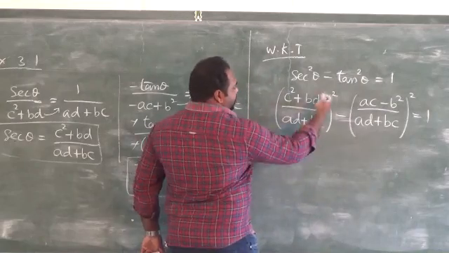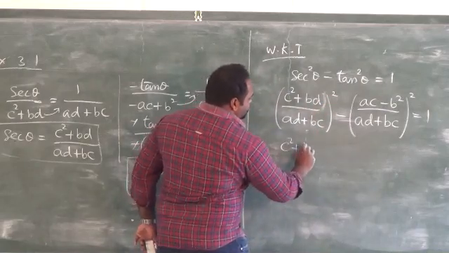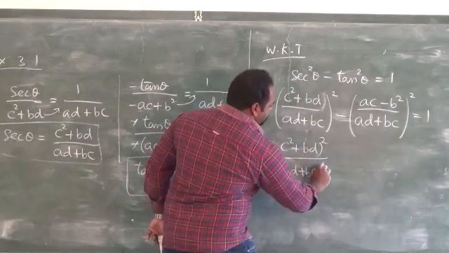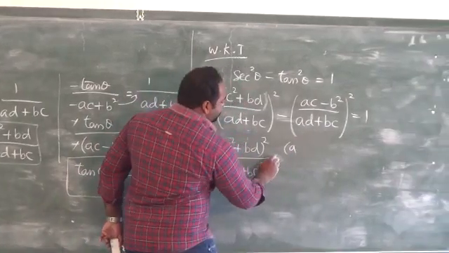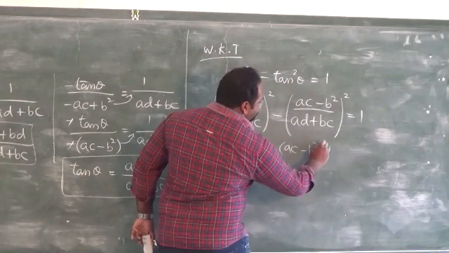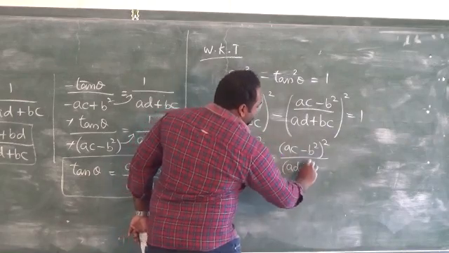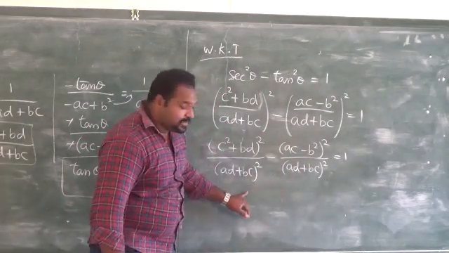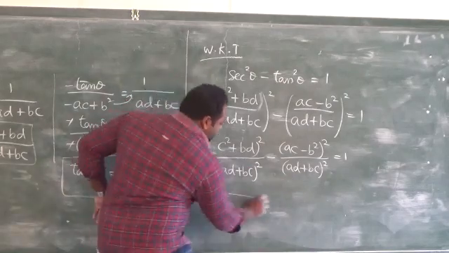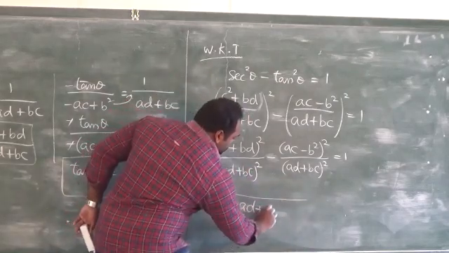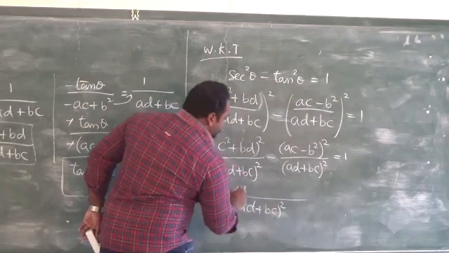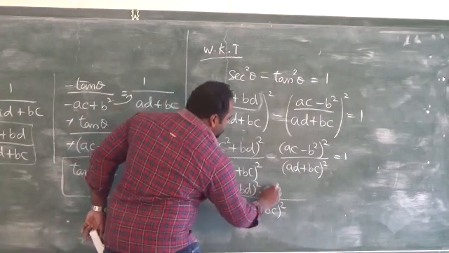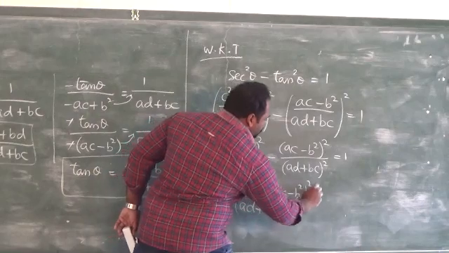Now bring the power inside: C square plus BD whole square by AD plus BC whole square, minus AC minus B square whole square by AD plus BC whole square, equal to 1. Here look at that, we have a common denominator. This and this both have the same denominator, so we can take AD plus BC whole square. C square plus BD whole square minus AC minus B square whole square equal to 1.